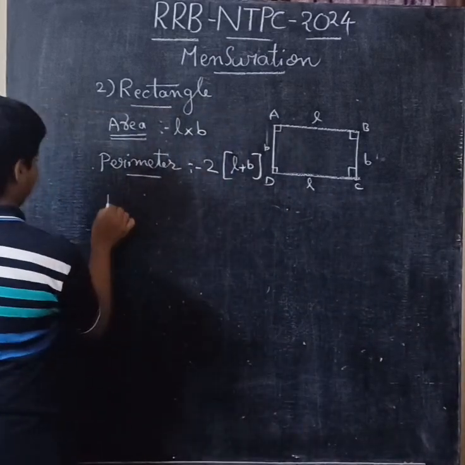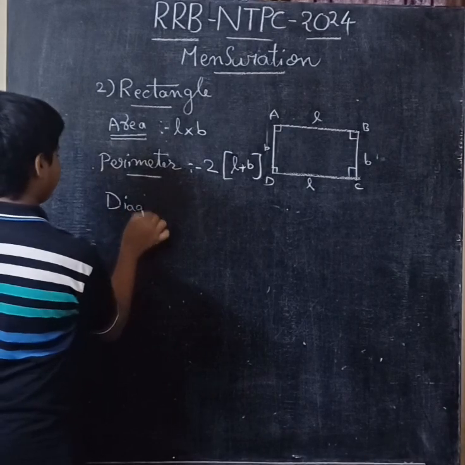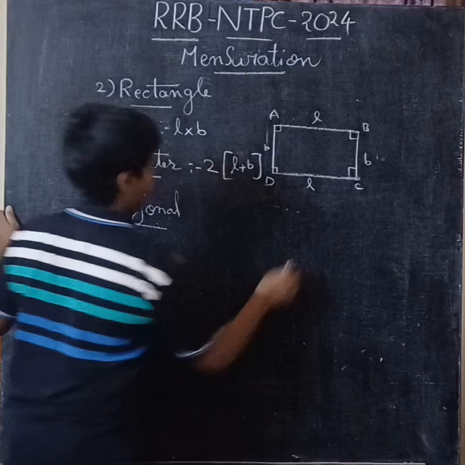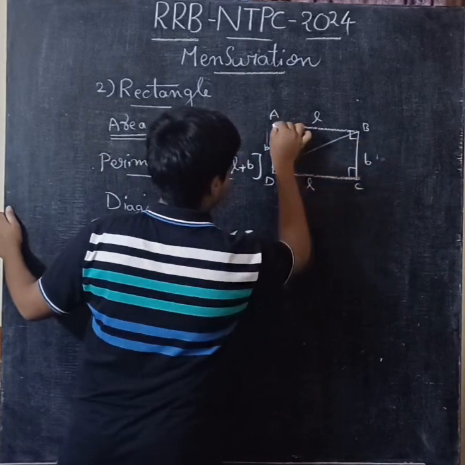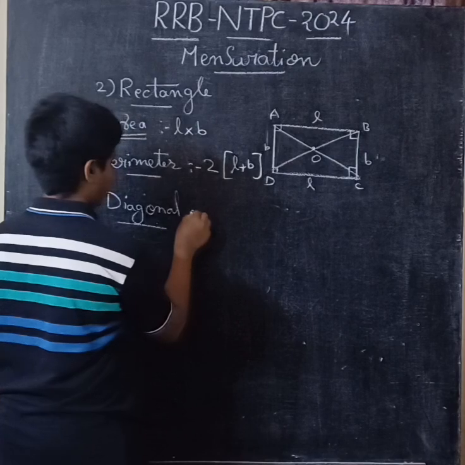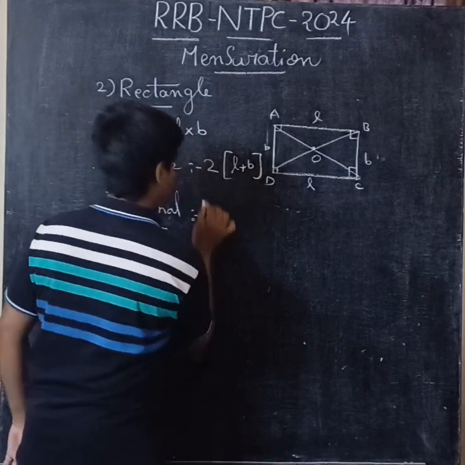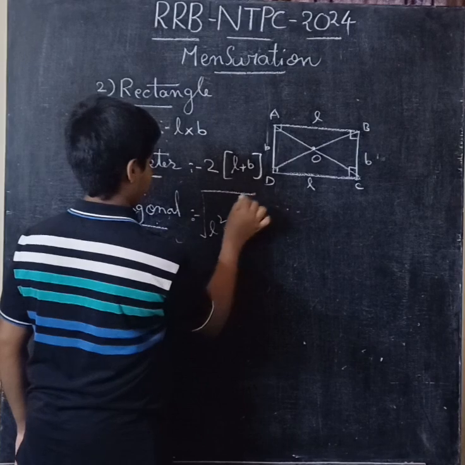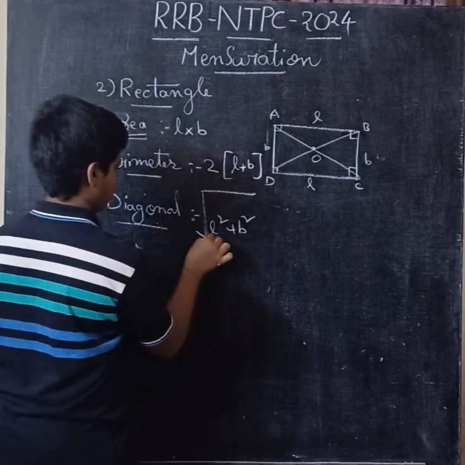And the next one, diagonal. So the diagonal is this, and this is the common point O. The diagonal formula is root over L square plus B square.